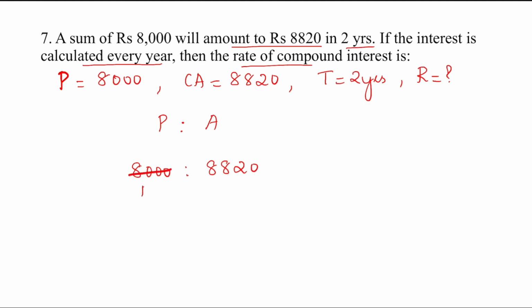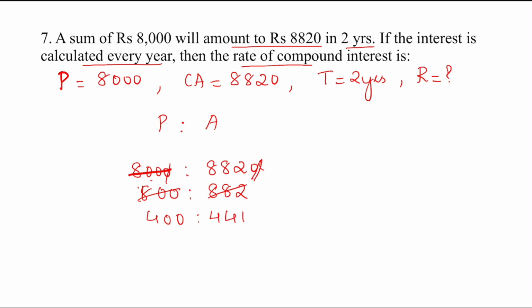First the 0 will cancel here, then 800 is to 882, isn't it? Now it is 2 4s 8, and 2 4s, and 2 1s. Okay, so the ratio is now 400 is to 441.